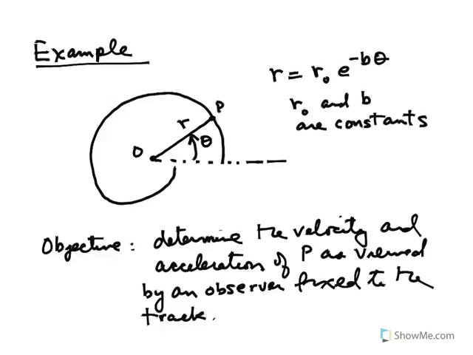And again, we're going to try and do this using intrinsic coordinates. So, as we had in the previous example, there's one rotation in this problem, which implies that we need two reference frames.